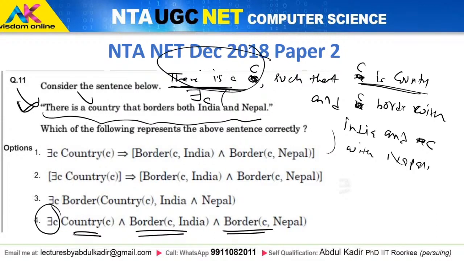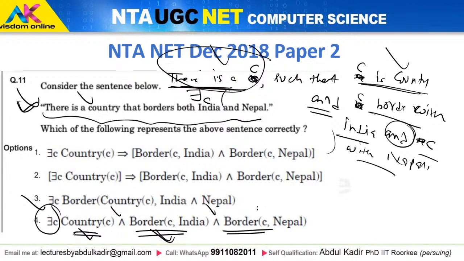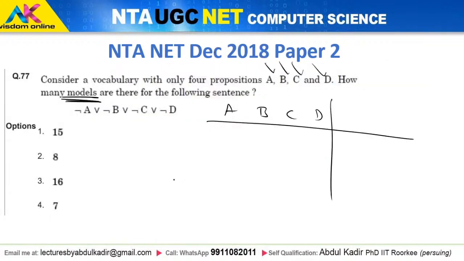First, there exists a C. Then C is a country means country(C). And means conjunction. C borders with India, and means conjunction, C borders with Nepal. So this is how you can solve.